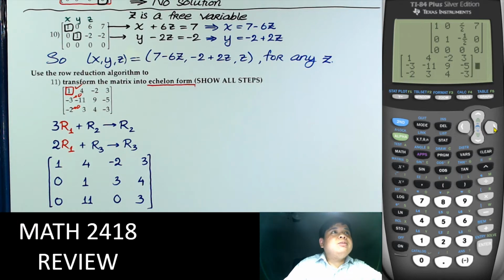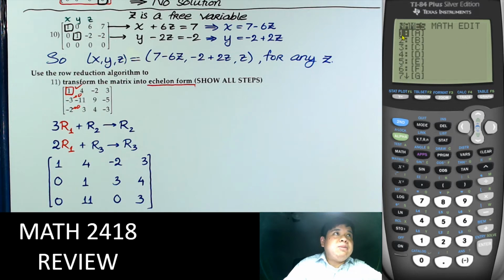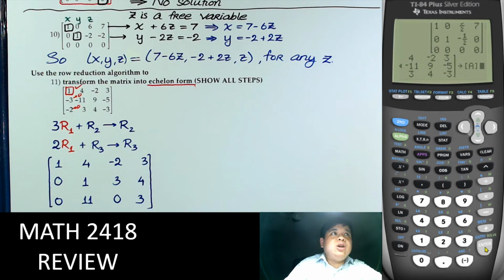When we enter, don't hit enter here. What I do is hit the store button, STO key here, and then second matrix, see names. On the first one, just hit enter. So I will store the matrix we entered into the matrix A.